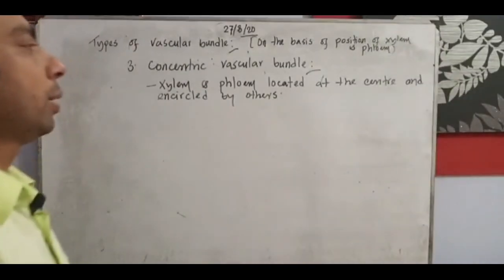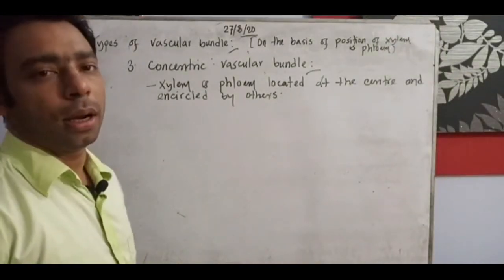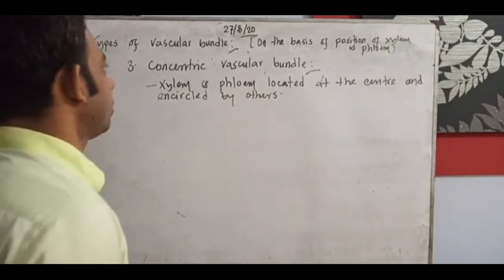Xylem and phloem located at the center and encircled by others. So this is the concentric vascular bundle.